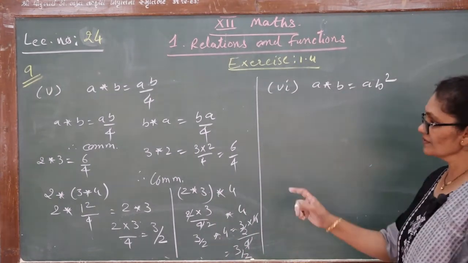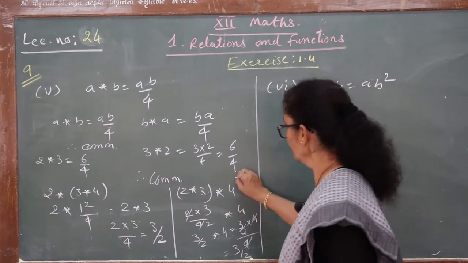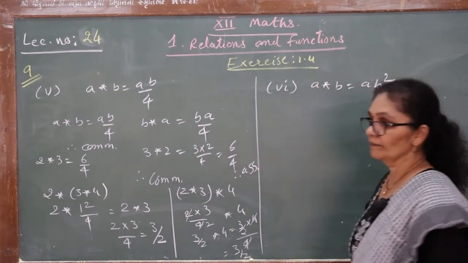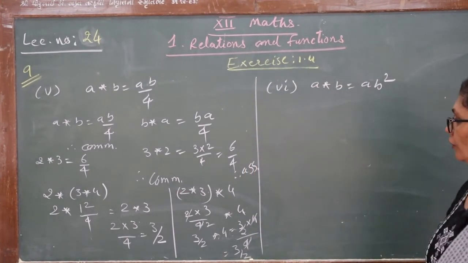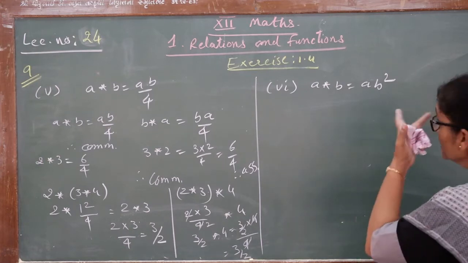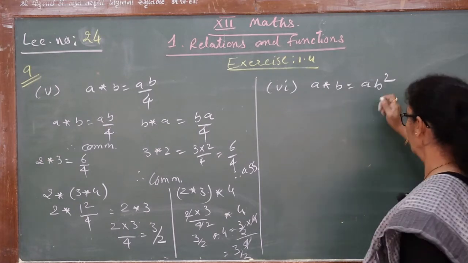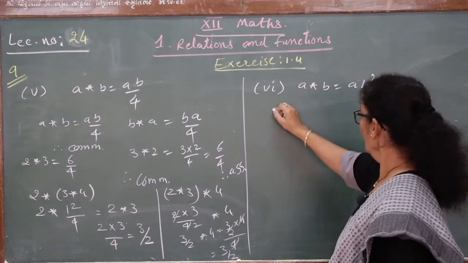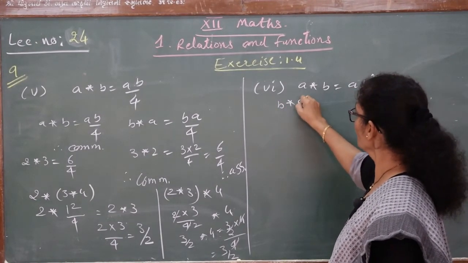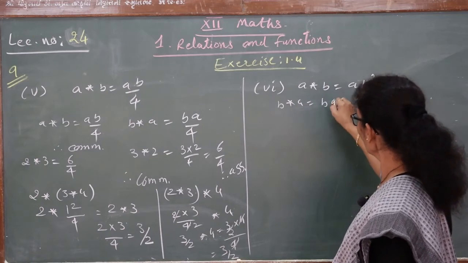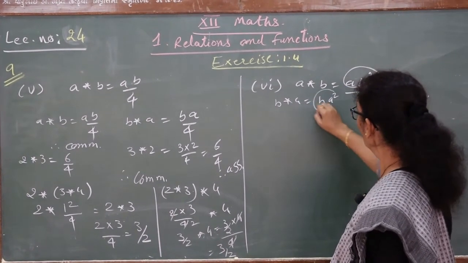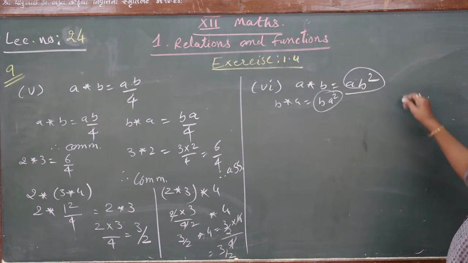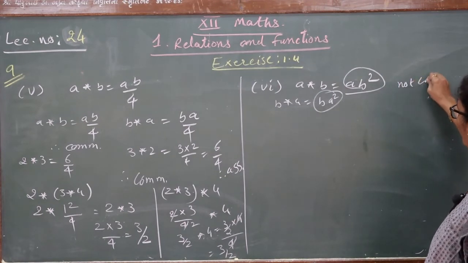So from this result you can say it is commutative also and it is associative also. Both are true over here. Similar way, now let's check the last question in which you have to check commutative and associative. Now if I take B asterisk A, then B A square, here A B square, B A square, both are different, so not commutative.